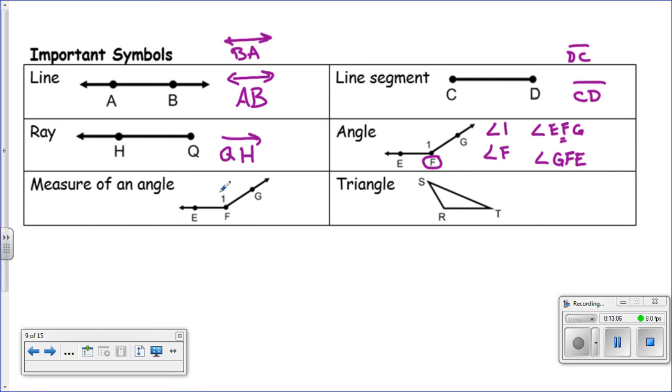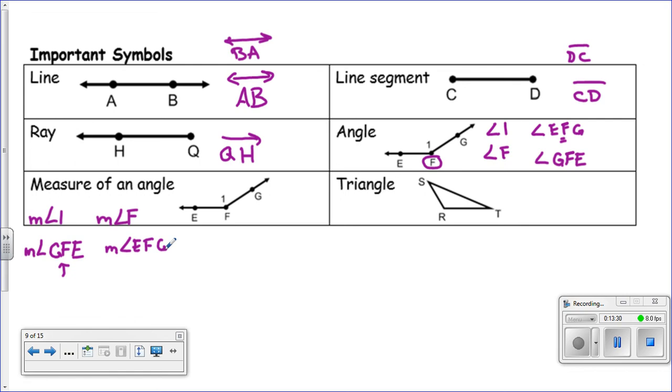If I wanted to refer to the measure of the angle, I would say measure of angle 1. I would use this little M here. Or you could say measure of angle F. Or you could say measure of angle GFE, again keeping in mind that your F must be in the middle. Or you could say measure of angle EFG.